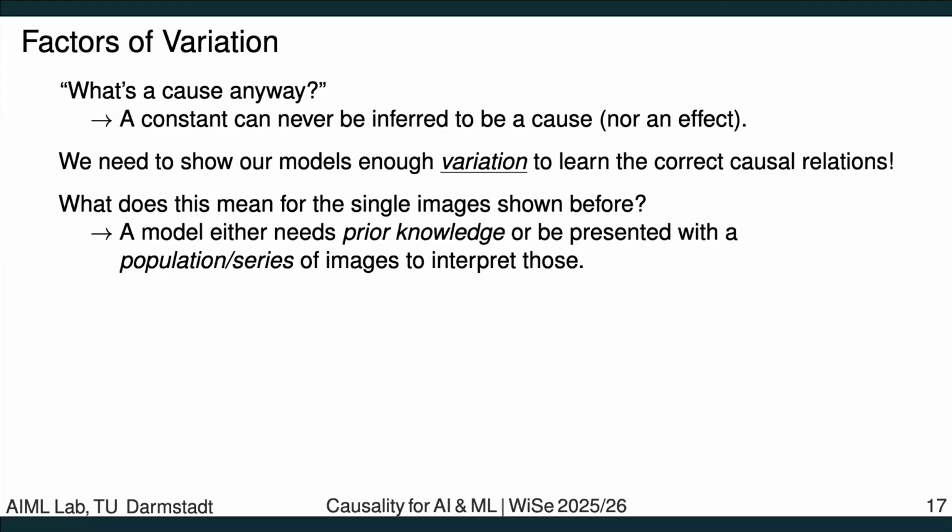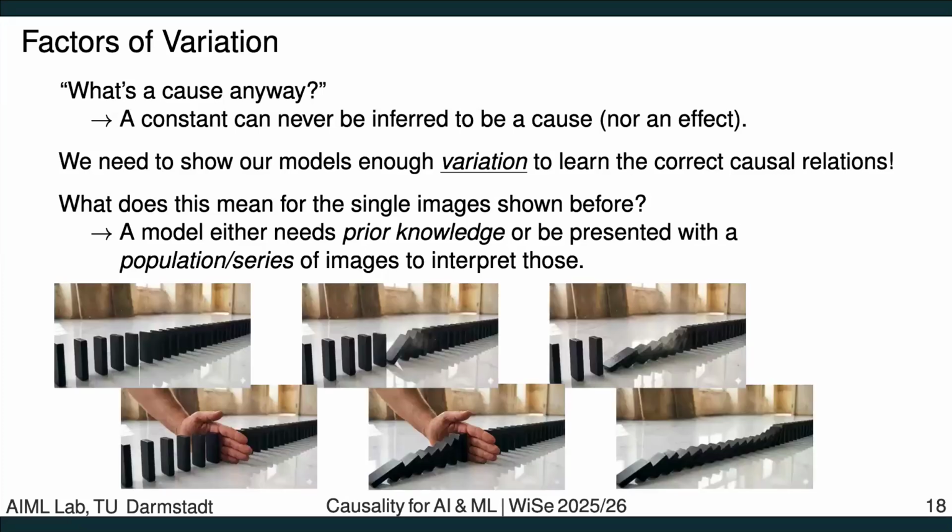We usually need either a population, which is then similar to causal discovery where you need some sort of independent samples, or we need a series, for example, a video or something where we have a time series, and then we will also leverage that temporal aspect to infer causal structure.